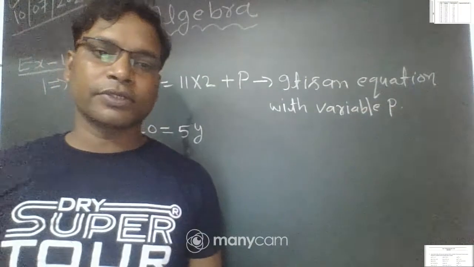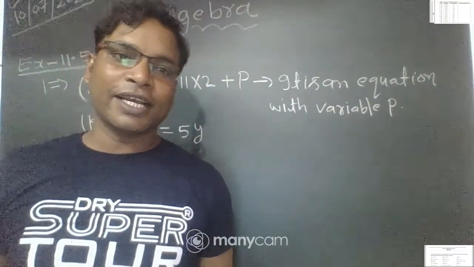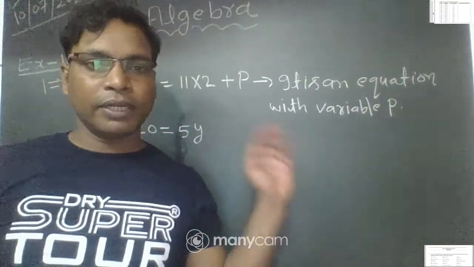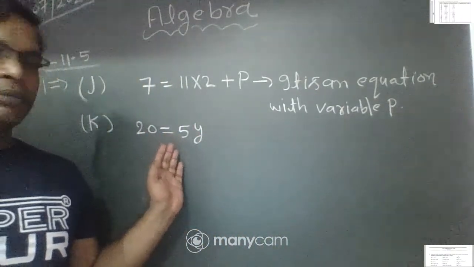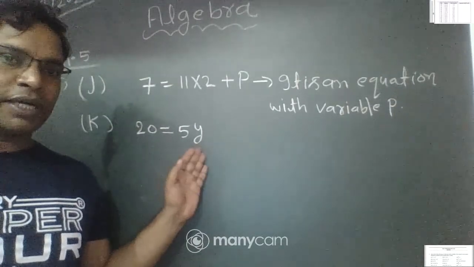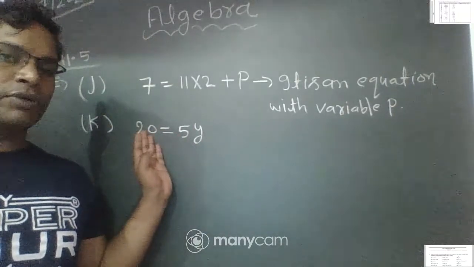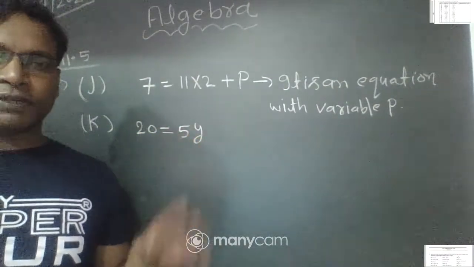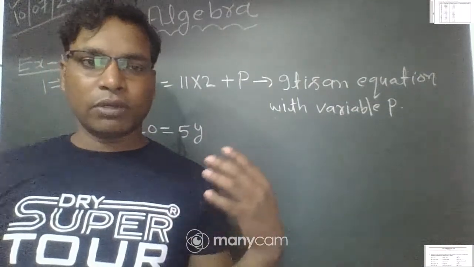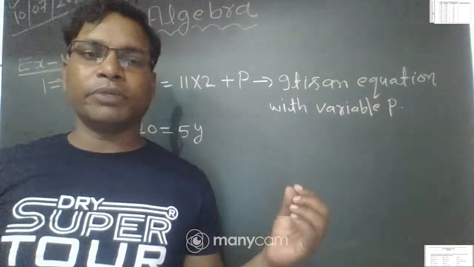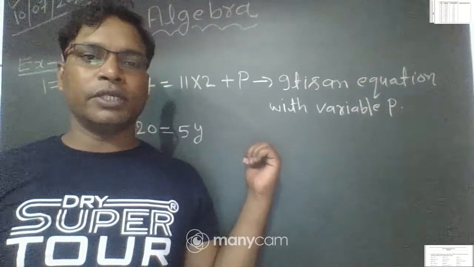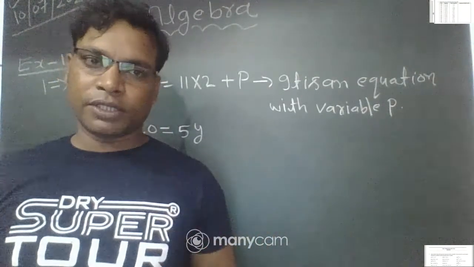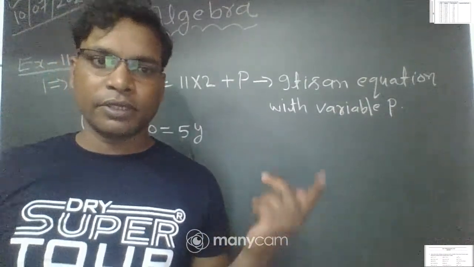So you can say this is an algebraic equation, a simple equation. What is the variable in this equation? The variable of this equation is y, because 5 is a constant, 20 is also a constant, and y is the variable. The value of y is not fixed anywhere. The value of y changes from time to time, person to person, place to place, while the values of 5 and 20 are fixed anywhere, anytime, with any person.